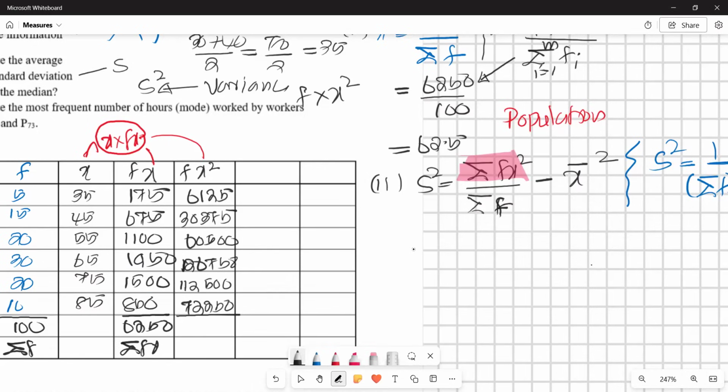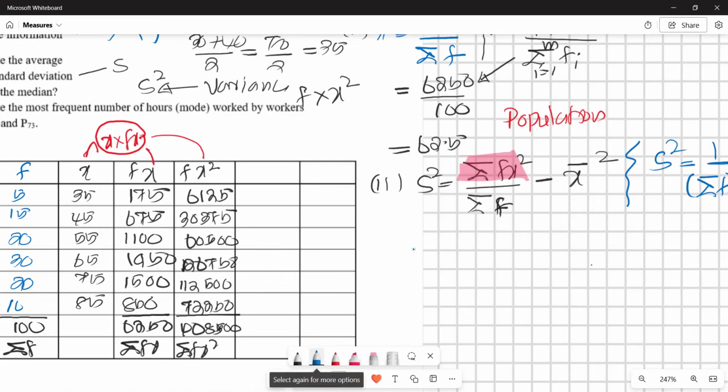Altogether, check my value. 408,500. My text are not clear. 408,500. This is sigma fx². Now go to the formula.